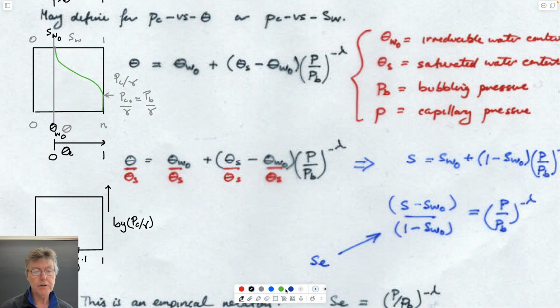So if we take this green curve that we have here and plot it in log space, we end up with a curve that looks like this: a straight line. These two curves are the same, just plotted on a log scale instead of a natural scale. This would be, by definition, our bubbling pressure.